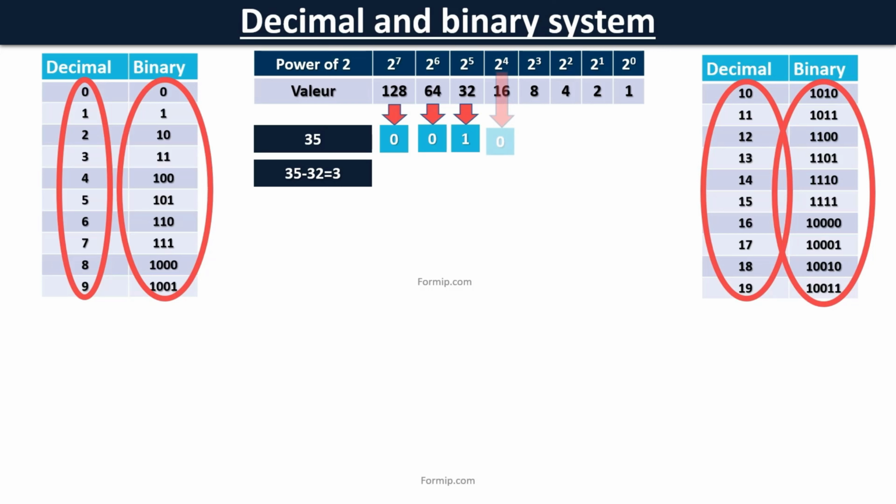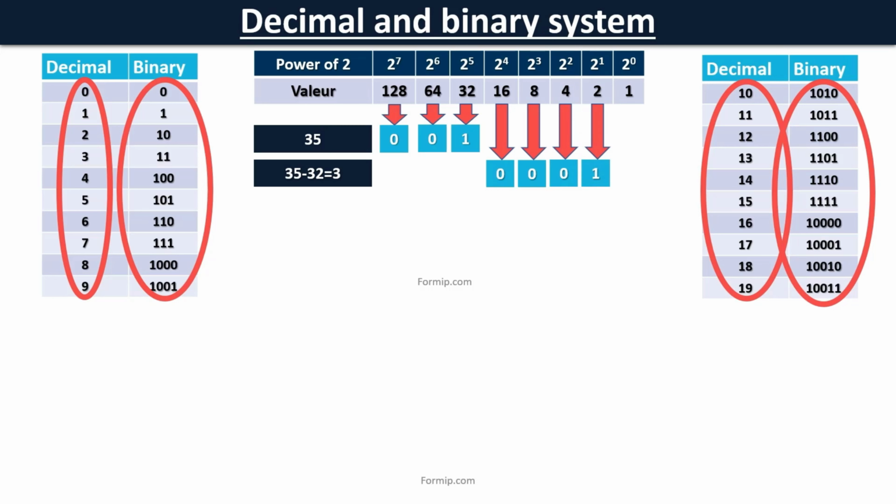16 is greater than the number 3. We will therefore put a 0. 8 is also greater than 3, so it will be a 0. After is 4. We also put a 0. As for the next number, the 2, it is less than or equal to 3. This time we put a 1. We subtract 2 from the number 3, and now we just have to find the number 1.